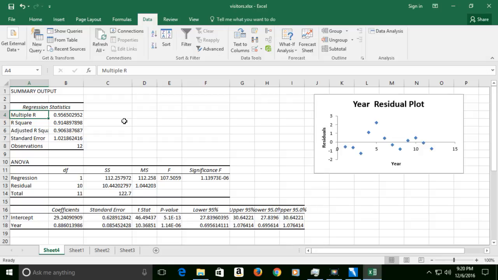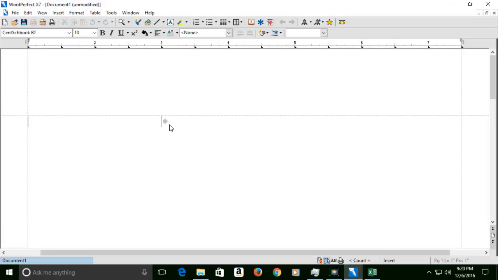That's good. R square. See R square. 0.9148. What does that mean? It means that 91.5% of the variation in visitors is explained by the year.